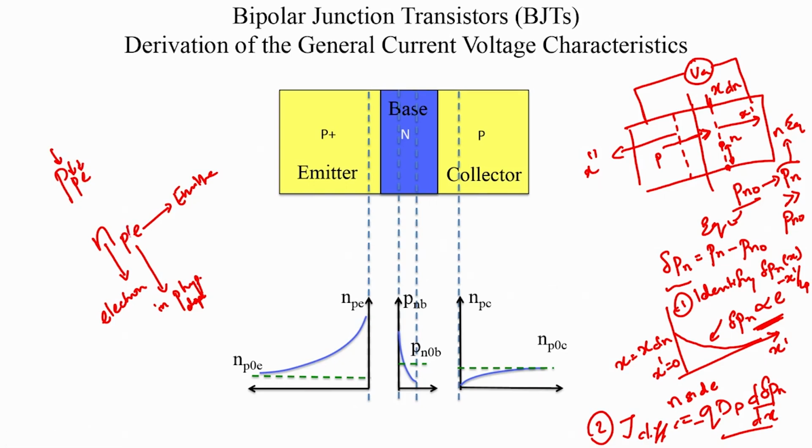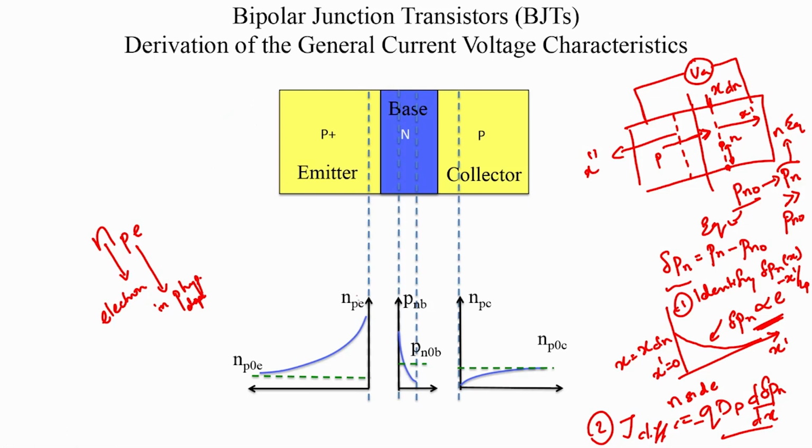And when we say NP0E, it is the equilibrium concentration of this, whereas the NPE is what happens when you apply a bias, which is the non-equilibrium concentration. So, NPOE is basically the equilibrium concentration, it is NPO in the emitter. So, that is a symbol here, and if this E is replaced by C, we are talking about the collector, and if it is replaced by B, we are talking about the base, okay. So, that is the notation used, okay. It is quite intuitive. If there are any difficulties, do feel free to send me a message.